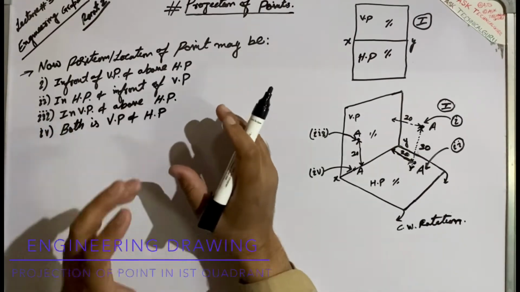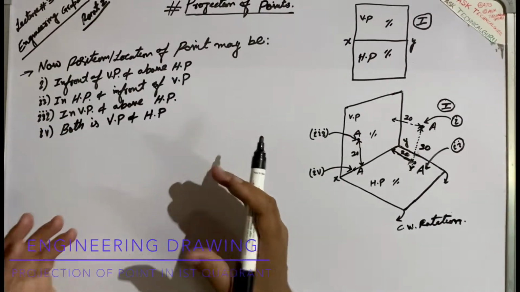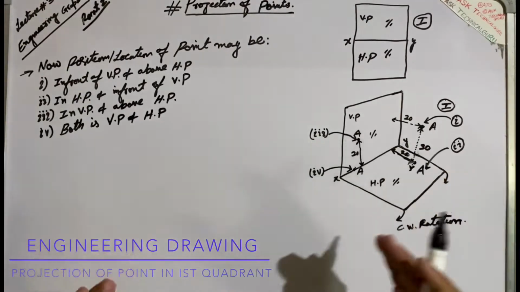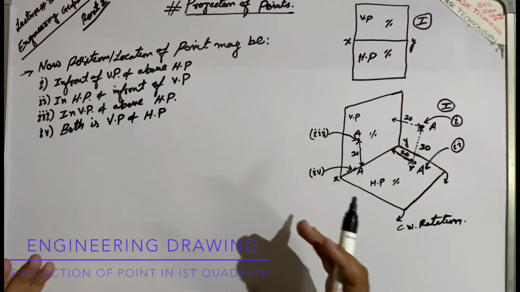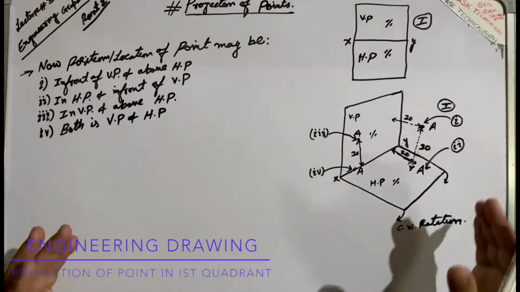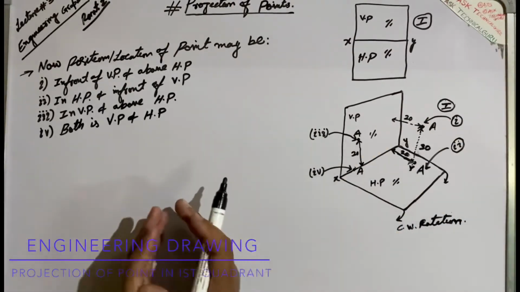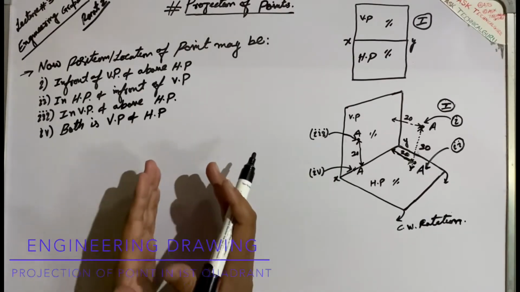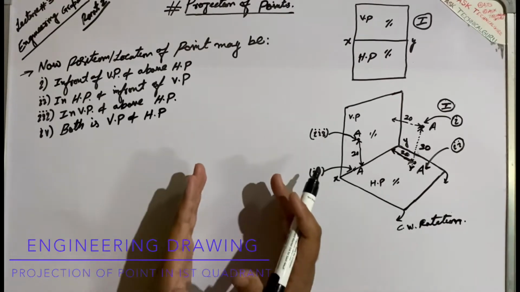So in this lecture we will discuss the projection of points in the first quadrant. We will go through these four quadrants one by one. In today's lecture I have only chosen the projection of points in the first quadrant.